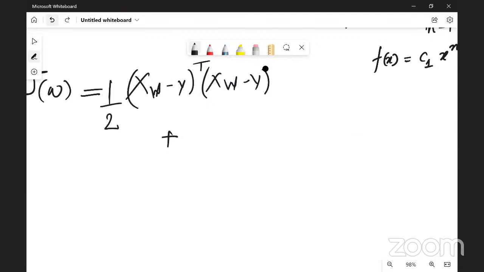That penalty term doesn't allow it to go in the direction of overfit. This is the regularization term, lambda by 2 W transpose W.